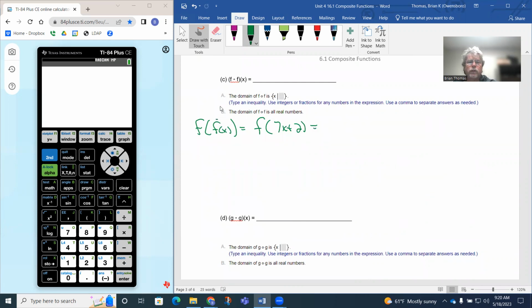So we replace this f of x with what it is, and this becomes the input value. So in my function, we're still keeping the f function, but notice how this 7x plus 2 is going to go in place of x.